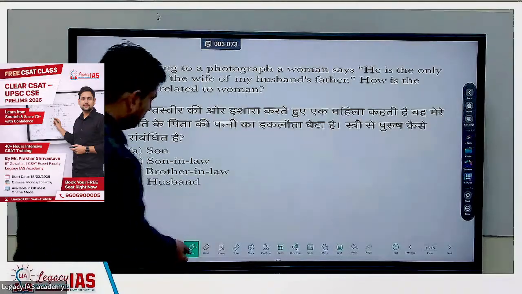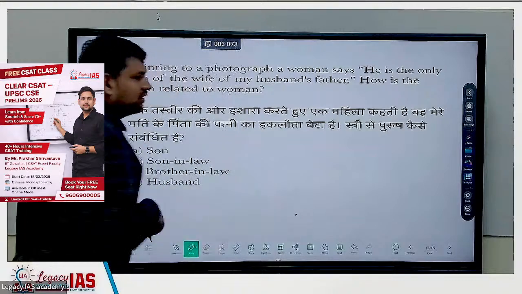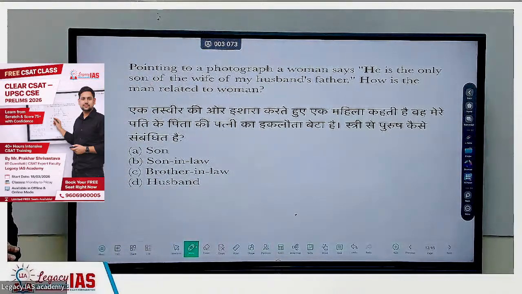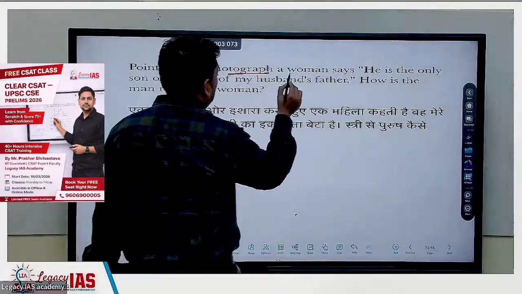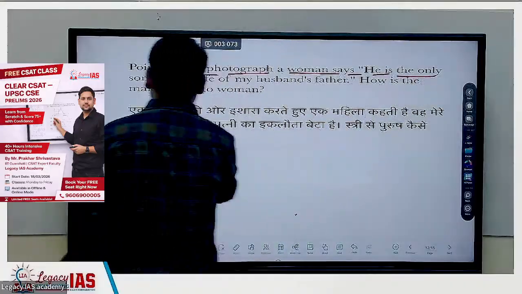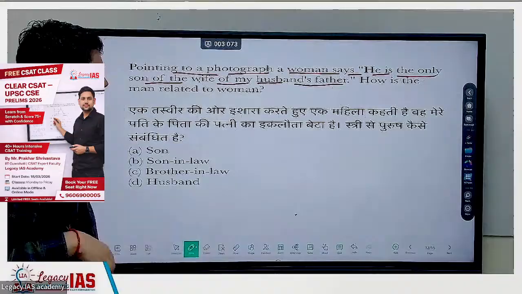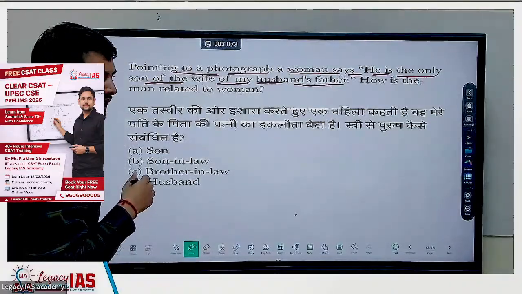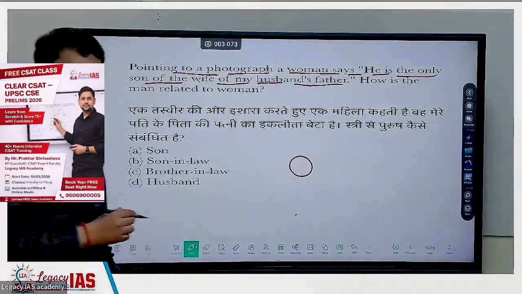Done, everyone? Okay. Pointing to a photograph, a woman says, he is the only son of the wife of my husband's father. A woman is saying.